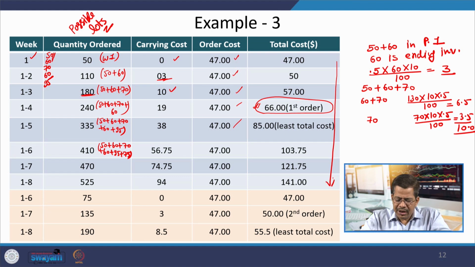Now, we need to select a total cost where, if you go back to our EOQ calculations, carrying cost and ordering cost are nearly equal.